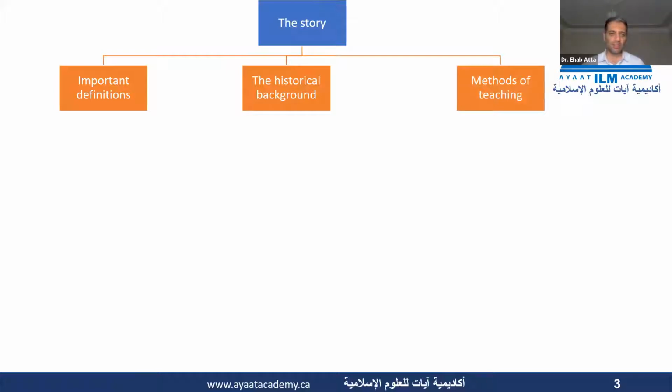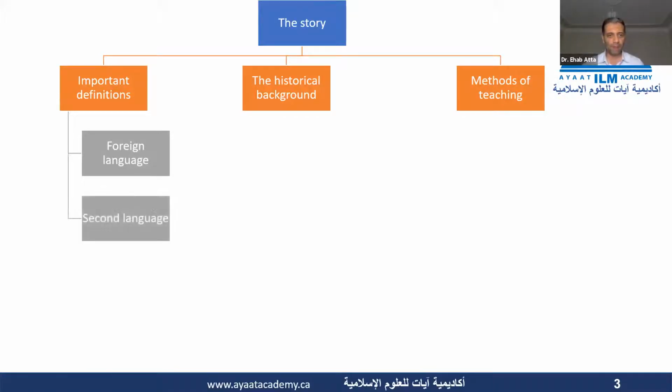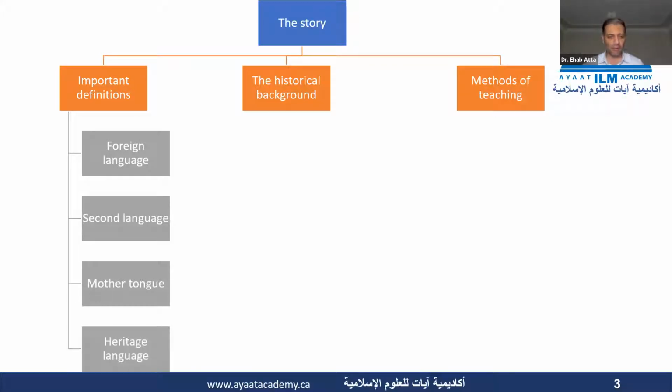As for the first part, the important definitions, we'll talk about the definition of a foreign language, the definition of the second language, the definition of the mother tongue, and the definition of the heritage language.